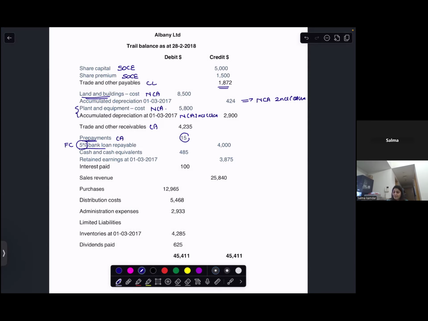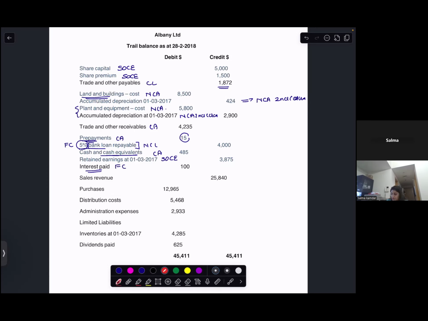And bank loan would go where? Non-current liability. Cash and cash equivalent. Retained earnings, SOCE. When I'm talking about the interest paid, all interest paid goes to the finance costs.